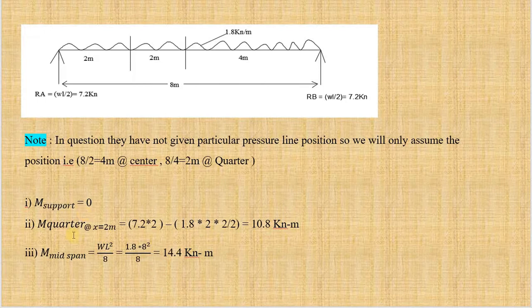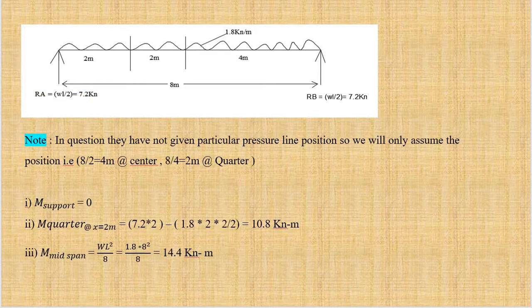The next point is the moment at the quarter. You can see the value I have written. Quarter means at x is equal to 2 meter. At this point, at 2 meter, we should find out how much the moment at the quarter is. For that we need the reaction at the supports. For a simply supported beam carrying a UDL, the support reaction formula is WL by 2.